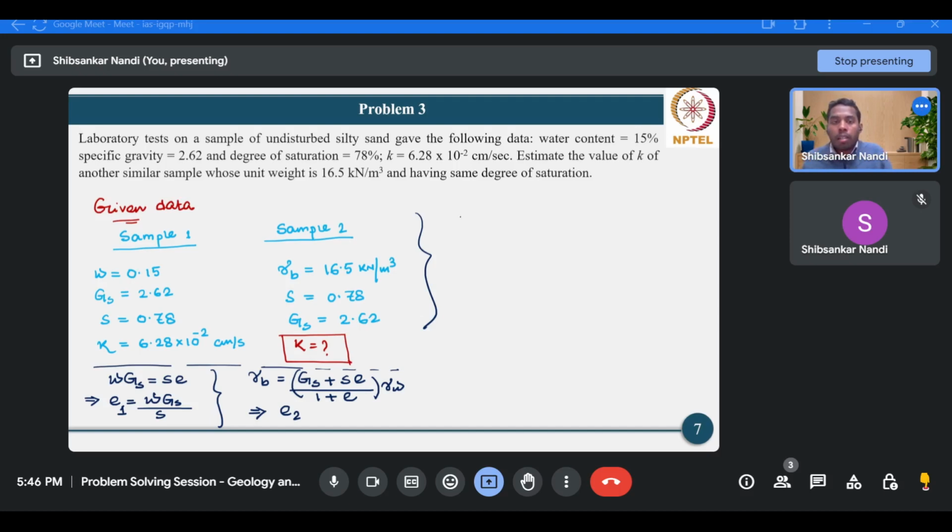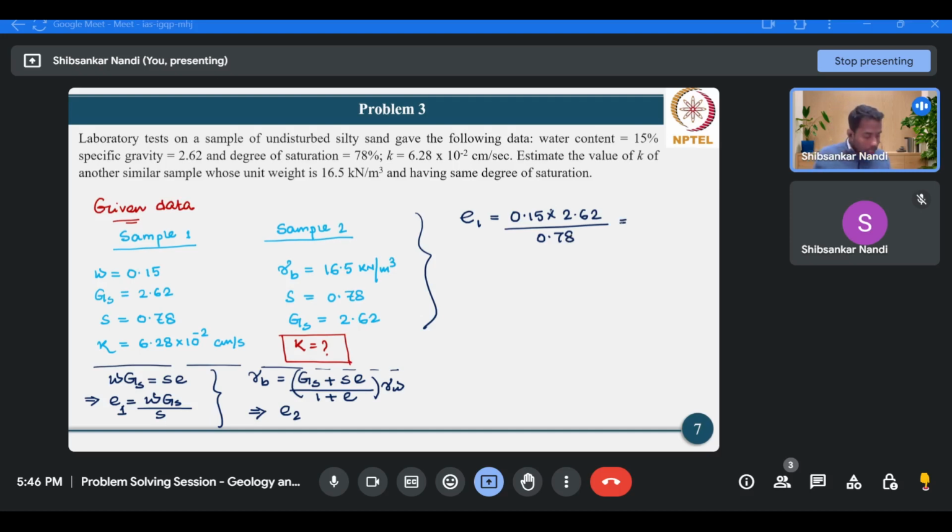Now E1 we can easily calculate. So w is 0.15, Gs is 2.62, and the degree of saturation is 0.78.